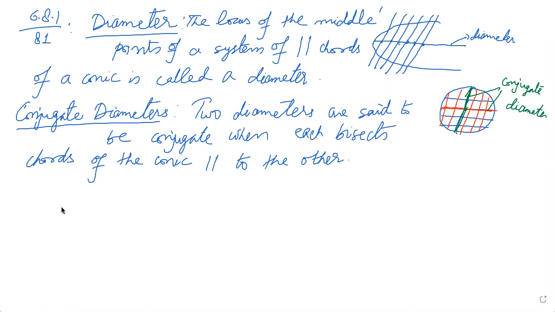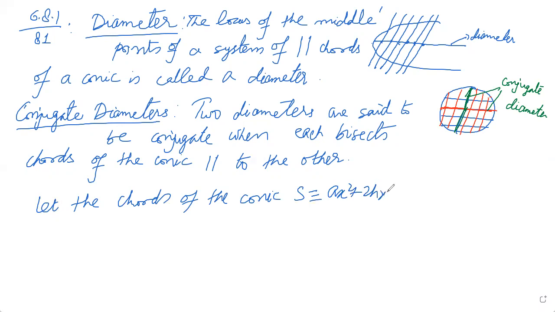So suppose a conic is given to you, and we are assuming the chords of the conic. I am taking in general any conic. Conic may be anything. तो वही जो हम लेते आए अब तक, ax square plus 2fy plus c is equal to 0.